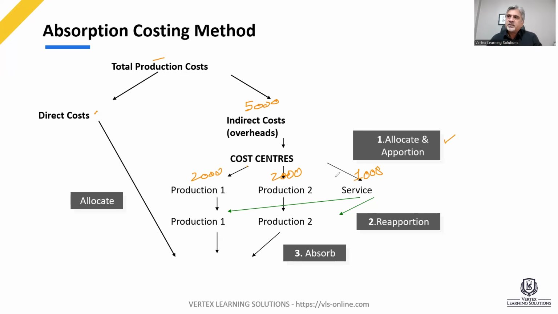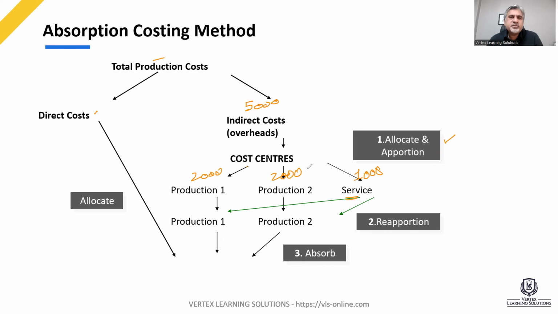So remember that within your factory, you have production departments like cutting or stitching, but you also have some service departments. Service departments are those departments which are not producing the goods, rather they are providing service to these production departments. For example, what could be a service department in a factory? It could be your cafeteria, where people go and eat their lunch.